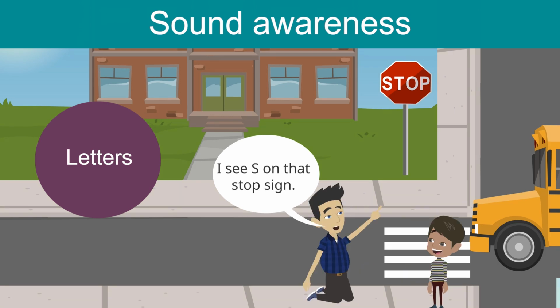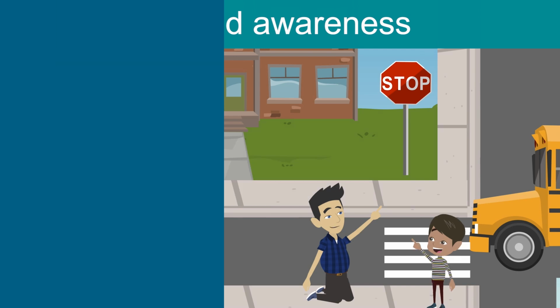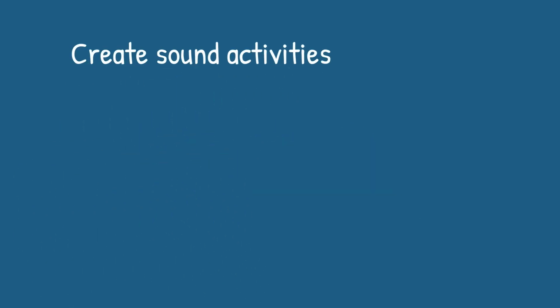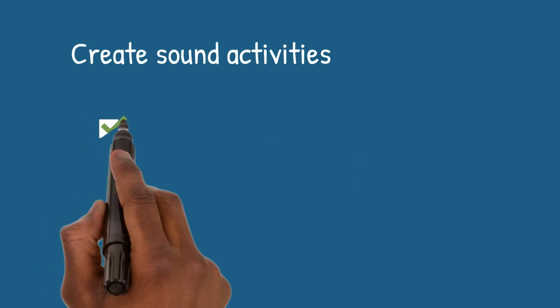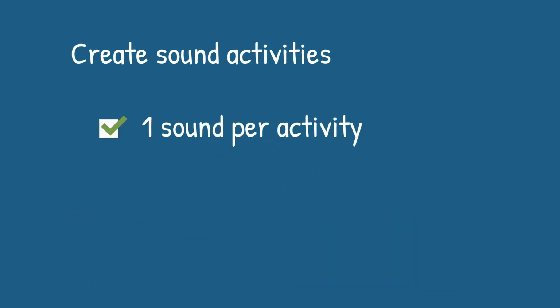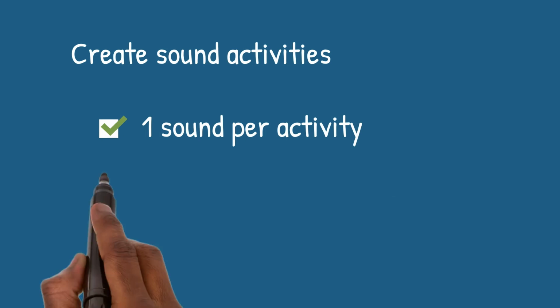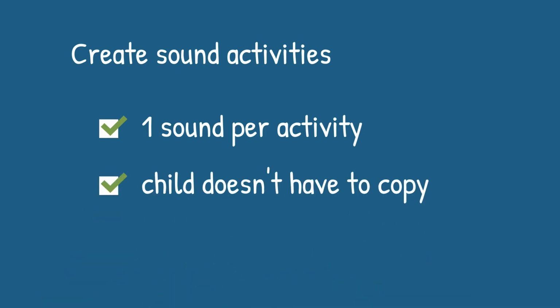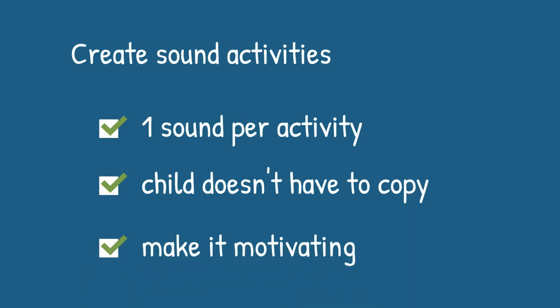I see an S on that stop sign. When creating sound activities, only focus on one sound per activity. During the activity, your child does not have to copy you or try to correct their speech sound. Sound activities are meant to be motivating and fun for you and your child.